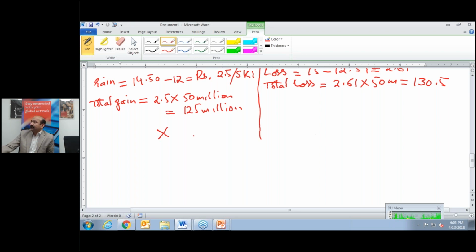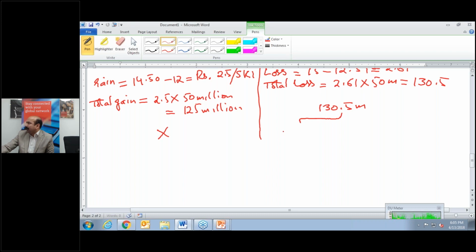First of all, we shall calculate the effective and the ineffective portion. What is the effective portion? Here, the total loss is 130.5.